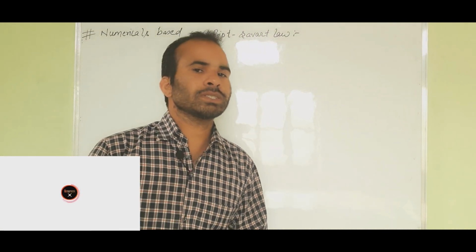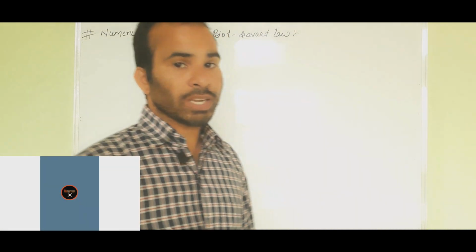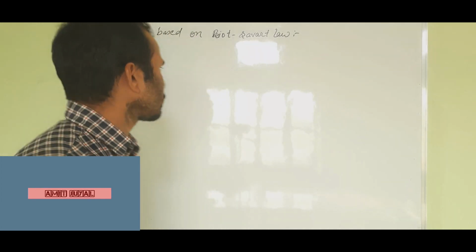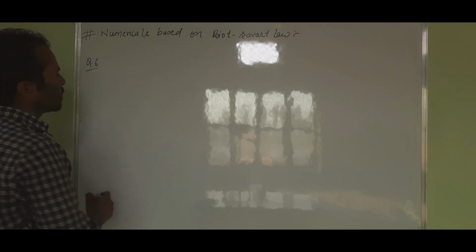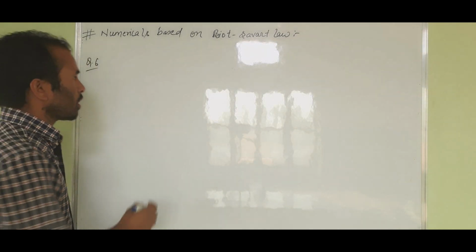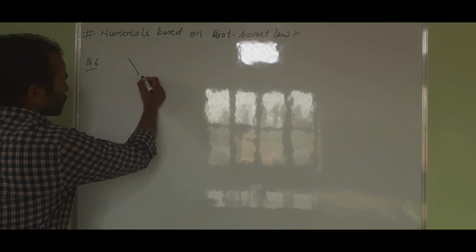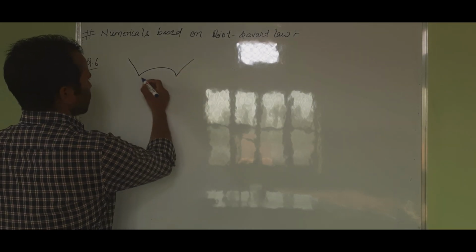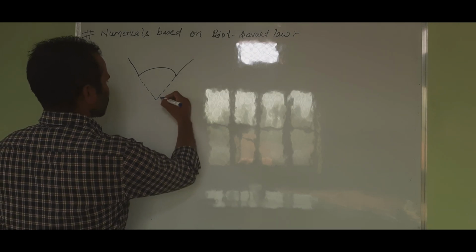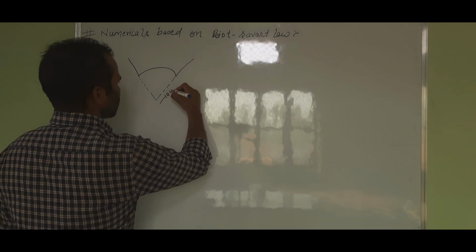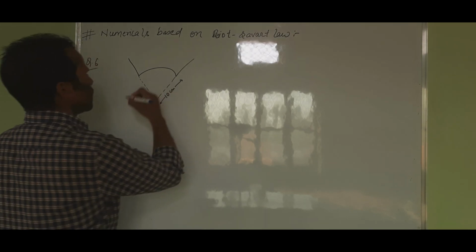So question number 6 and question number 7, we have two back-to-back examples. In question number 6, we have a circular arc having radius 10 centimeter. This is the center, and the radius is 10 centimeter till here.